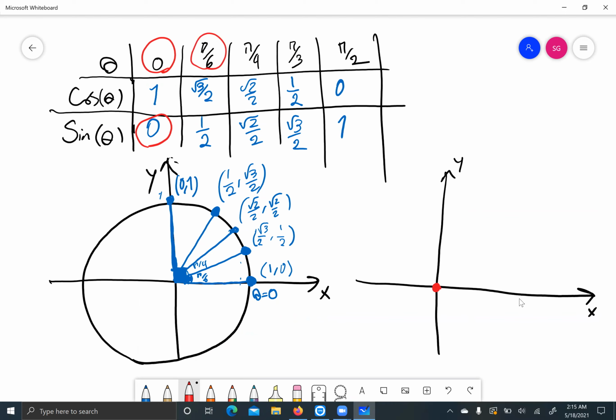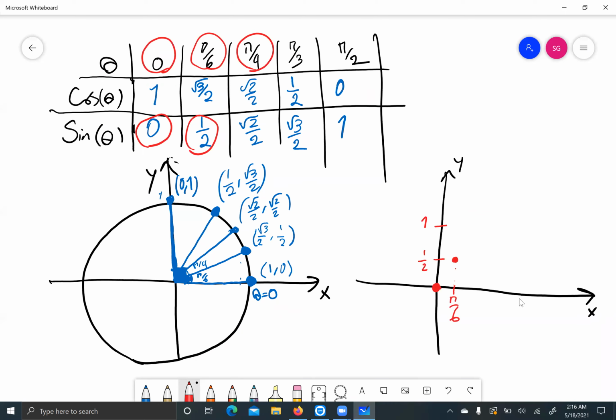At pi over 6, sine is half. Suppose this is half and this is 1, okay? So at pi over 6, sine function is half.